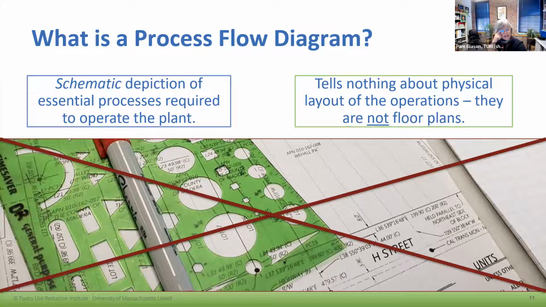And if it's not something that I had in the poll options, you can click other and just say in the chat what you have done to create your process flow diagrams. That would be really interesting to hear as well.